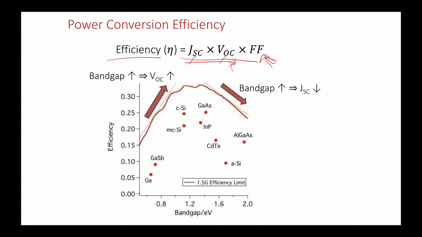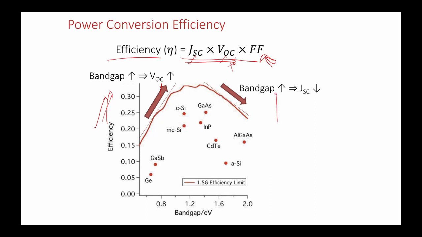There is a limit to how much we can increase the band gap so that we can increase the VOC. We can increase the band gap only up to a certain limit, otherwise we will be losing the JSC.